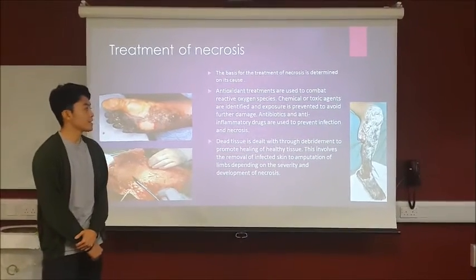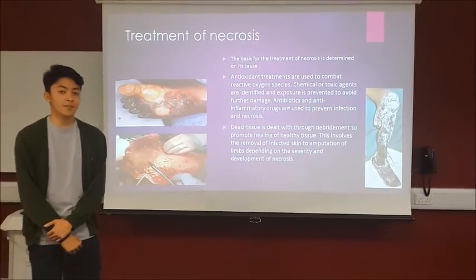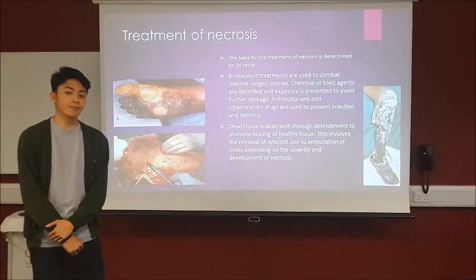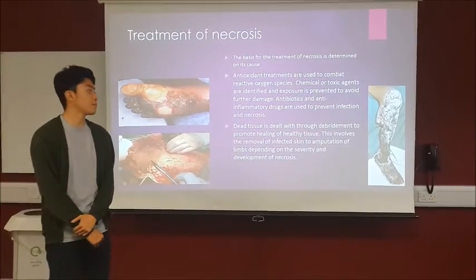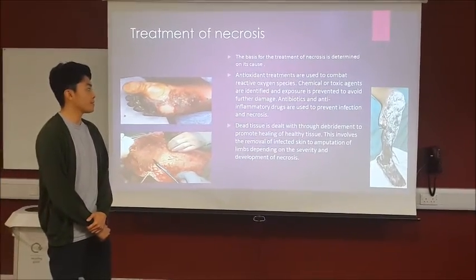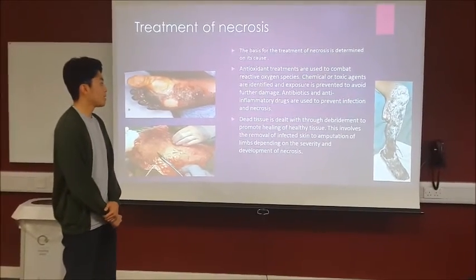Treatment of necrosis. In order to effectively treat necrosis, the underlying cause must first be dealt with in order to prevent further damage and for dead tissues to be taken care of. Antioxidant treatments are used to combat reactive oxygen species that can damage DNA and proteins.